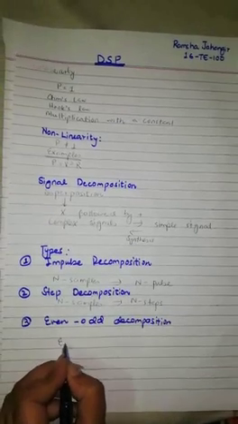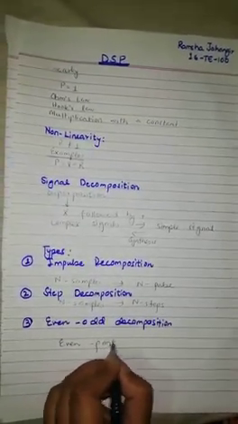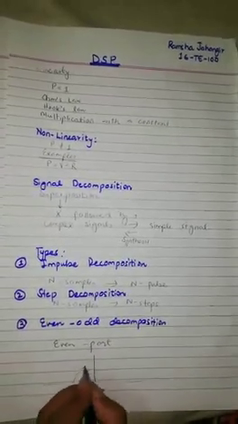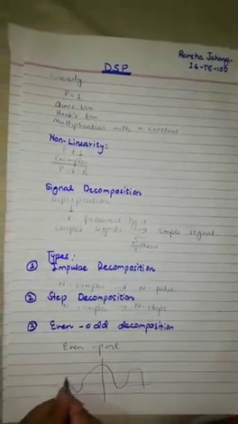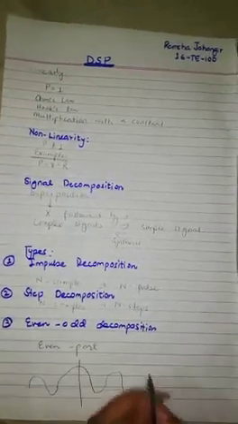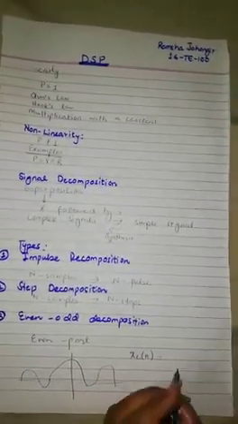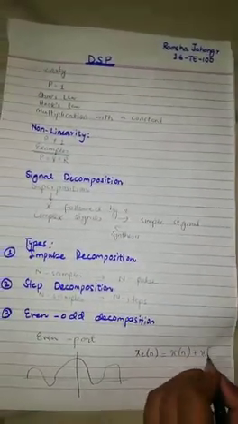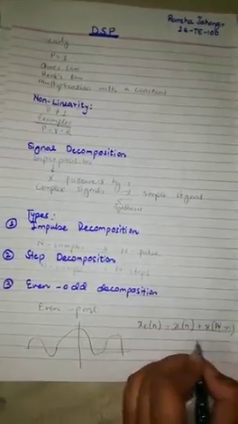In the even part, we get such a signal which is symmetric around 0, and the formula for even decomposition is xE[n] is equal to x[n] plus x[-n] divided by 2.